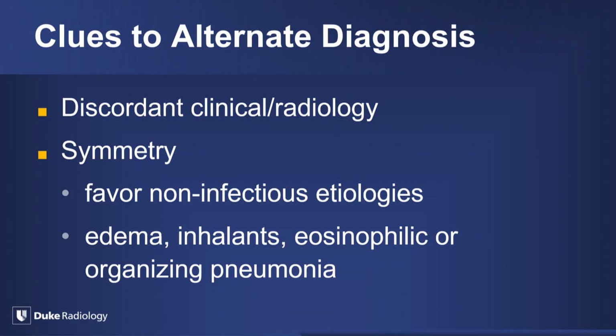And symmetry itself favors non-infectious etiologies such as pulmonary edema, inhalational disorders, acute eosinophilic pneumonia, for example, organizing pneumonia, and the like. So remember symmetry as something that might clue you into an alternate diagnosis.